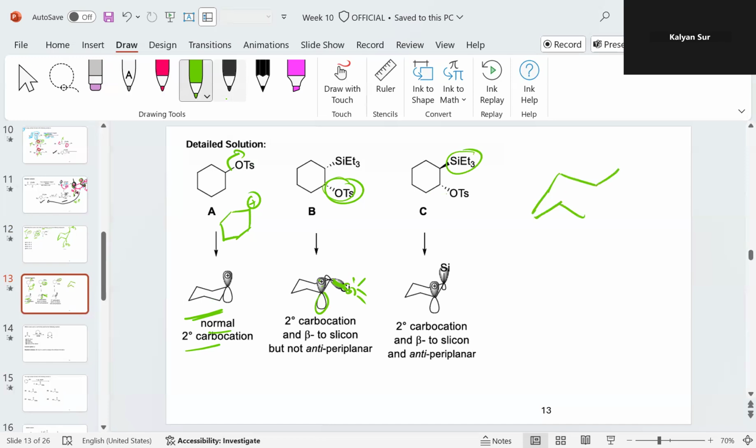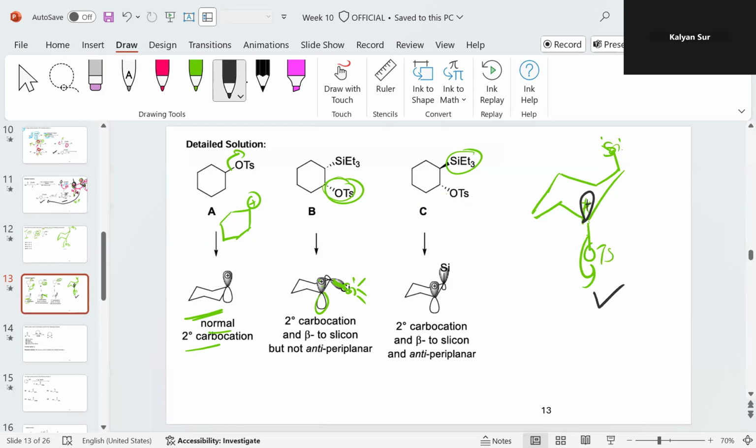This is the Si, this is the filled orbital, and this is the vacant orbital. Once OTs gets eliminated, the electrons on this Si get pushed into this parallel orbital. They provide certain stability to this carbocation, and that's the driving force making the solvolysis faster in this compound.